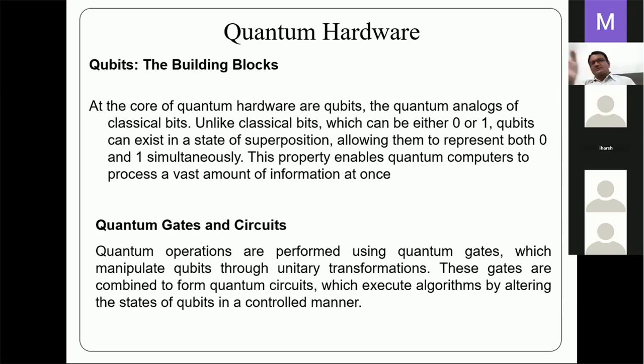Now, those who have configured a quantum environment, do you know which parameters are more important to configure? Anybody? Like for simulating a network in NS2 or NS3, we have to configure some parameters, right?